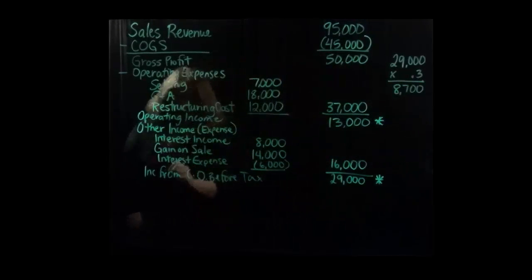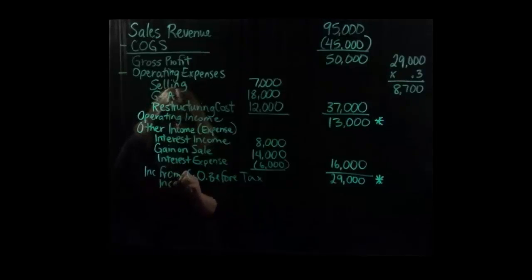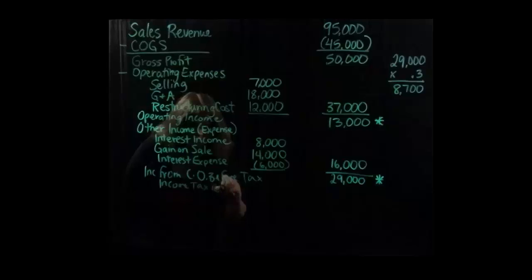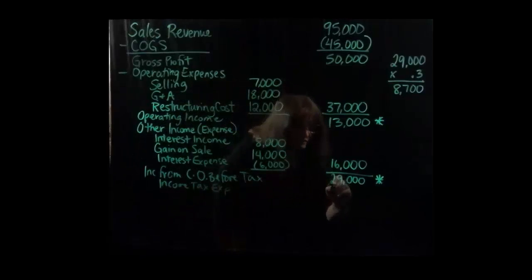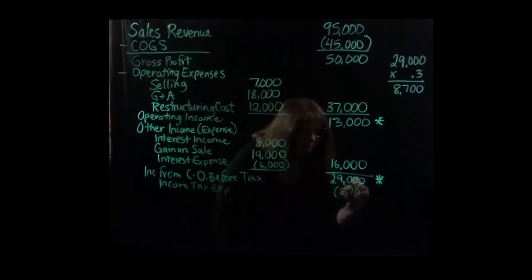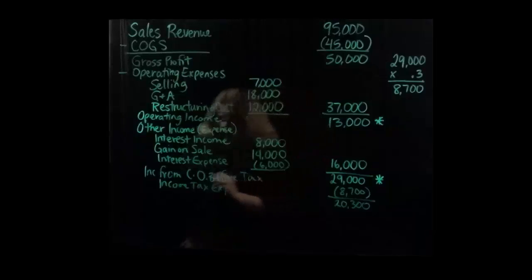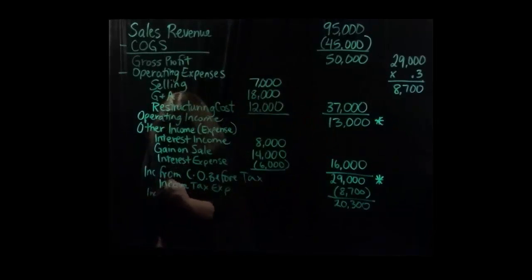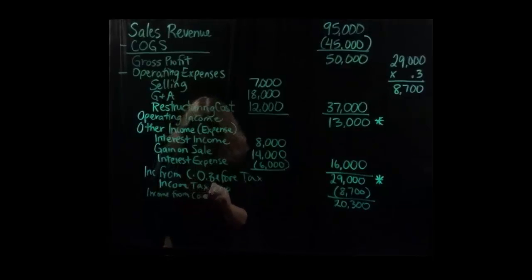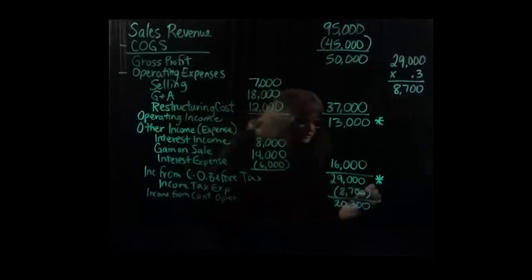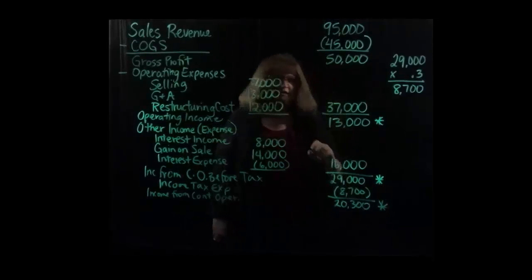So our income tax expense we would then subtract from that $29,000, and that gives us $20,300 as our income from continuing operations, which is the third number you were asked to calculate.